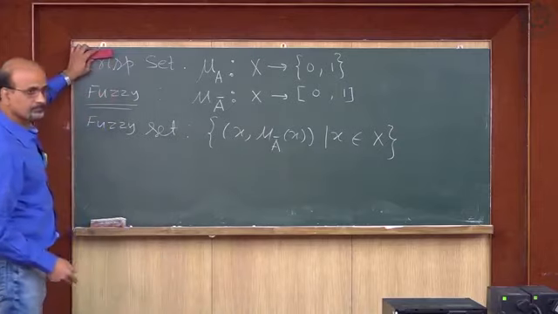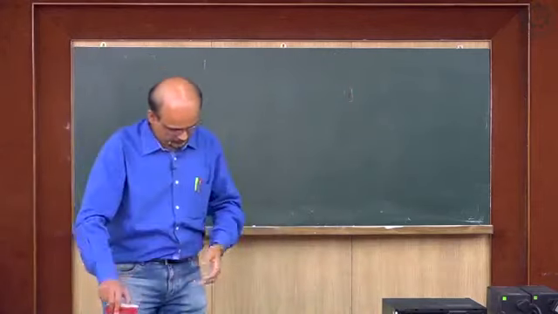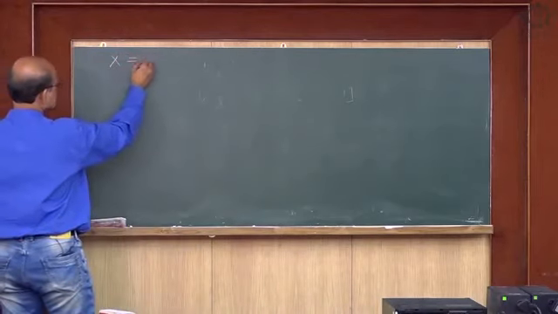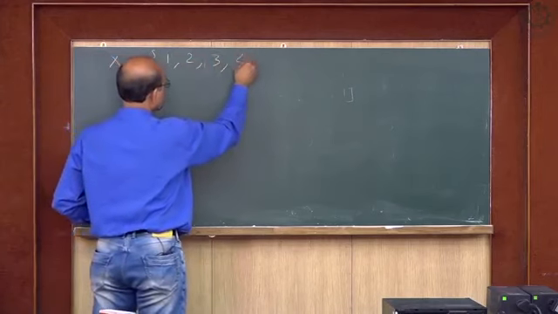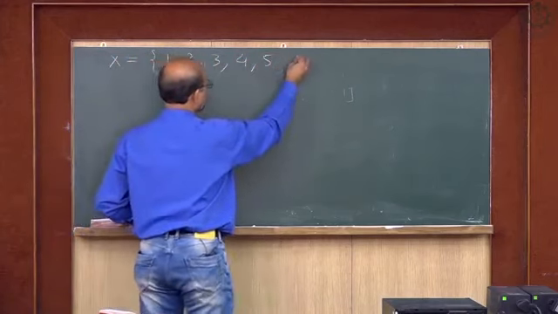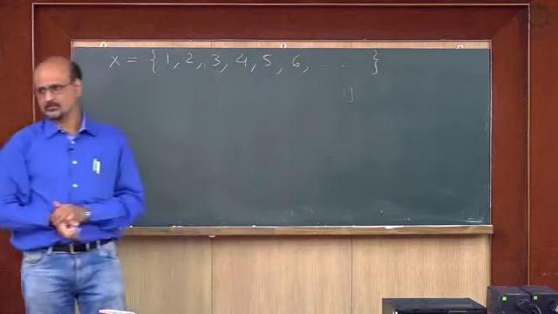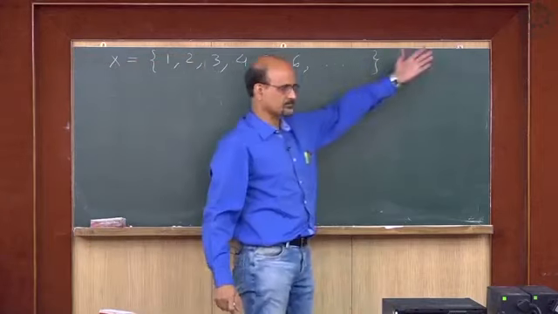So, I am erasing this. Suppose the universal set X I take as 1, 2, 3, 4, 5, 6, that means the set of positive natural numbers, 1, 2, 3, 4, 5, 6 and so on.